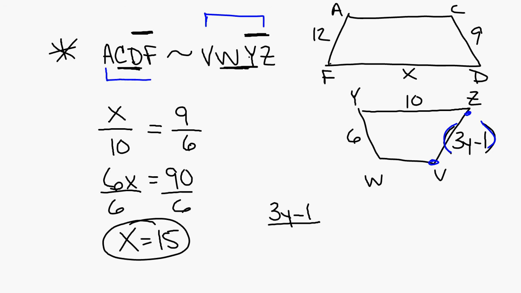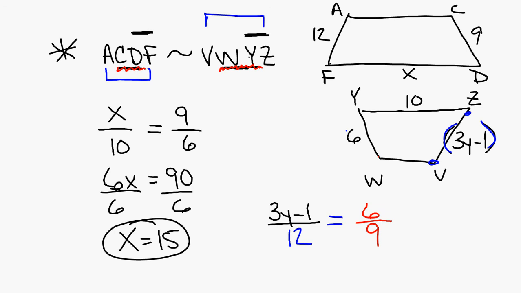We're going to make that equal to the side on the left, this 6, which is side WY, middle two letters again. WY is 6, and we're going to put that over the middle two letters again, which is CD, which is the 9. So again we took a similarity statement, we wrote a proportion, and we're going to solve for y.